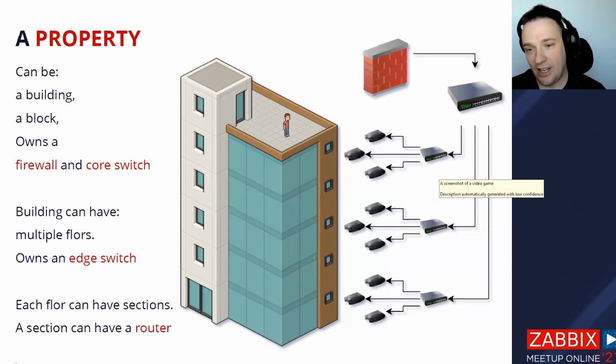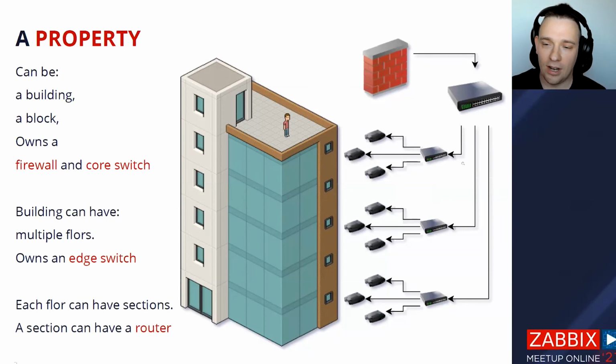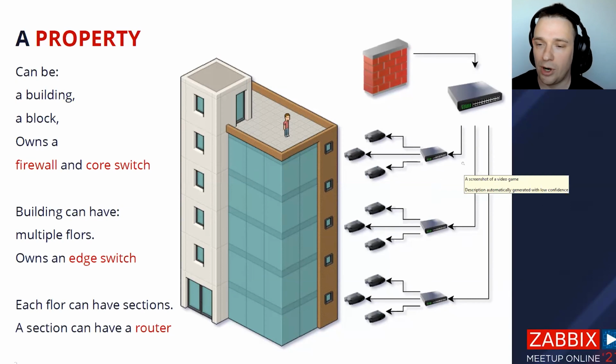So in this presentation, we will talk about when something goes down, how to prioritize, how to see which client has something very offline.